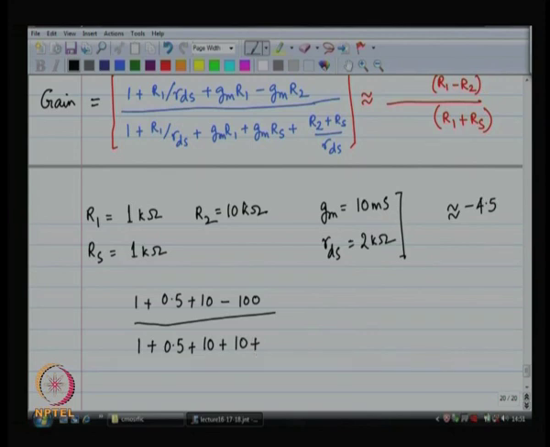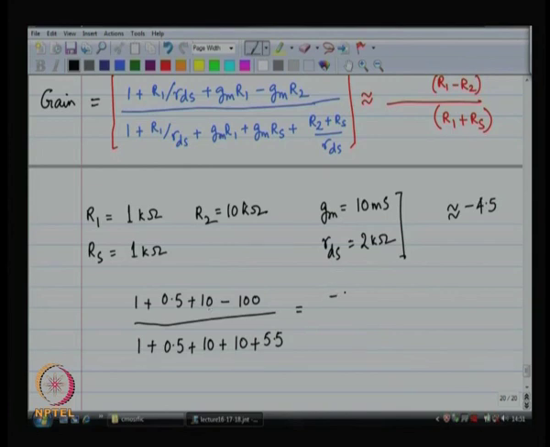R2 is 10 kilo ohms, RS is 1 kilo ohms. So, I have got 11 kilo ohms divided by RDS. So, 11 kilo ohms by 2 kilo ohms is about 5.5. So, what I have got over here is 1.5, 11.5 minus 100.